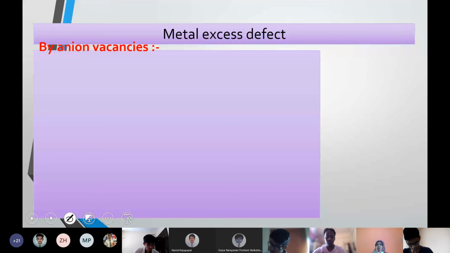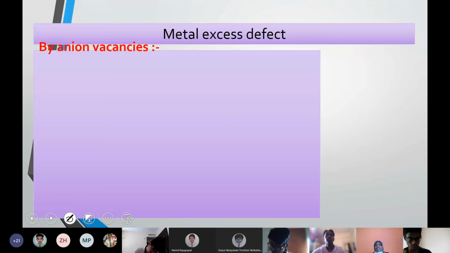The first reason is that the anions are less in number, which is why cations are more in number. That is why it is known as metal excess defect due to anion vacancy, because anions are missing, because of which the crystal contains more metal or cations.